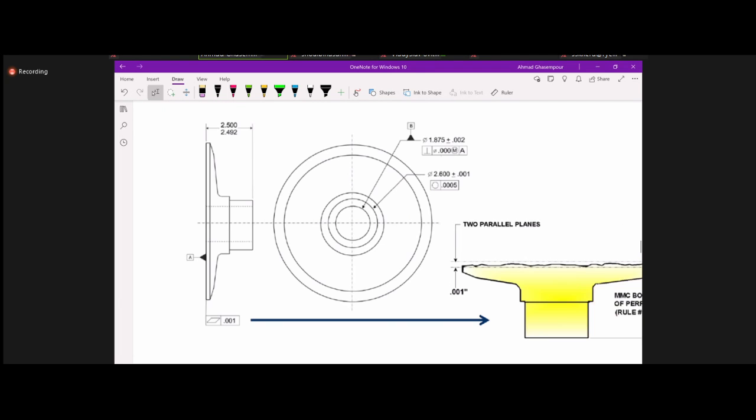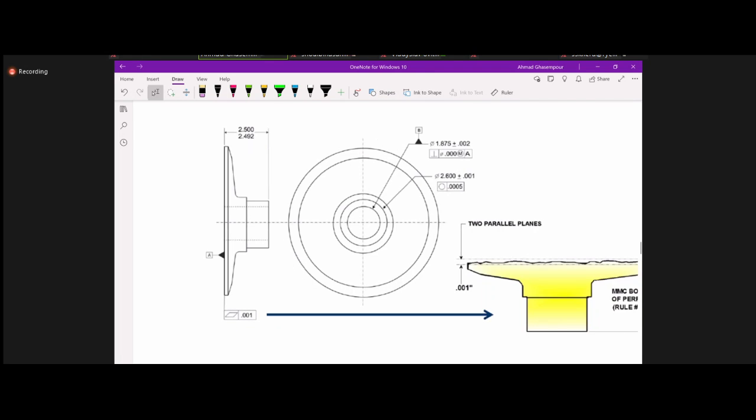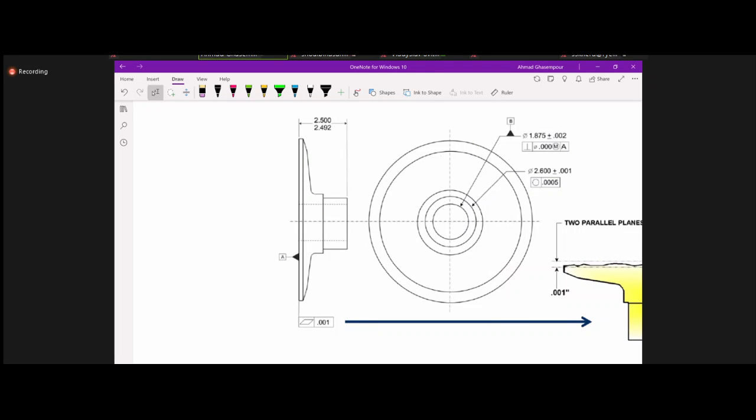So if you look at this part, for example, this flatness control is on the bottom of the part. In this case, it's 1 tau.